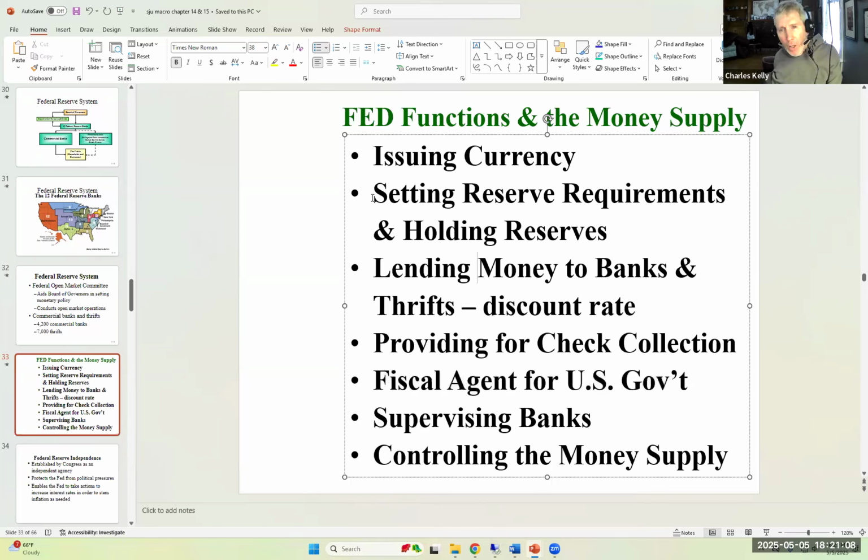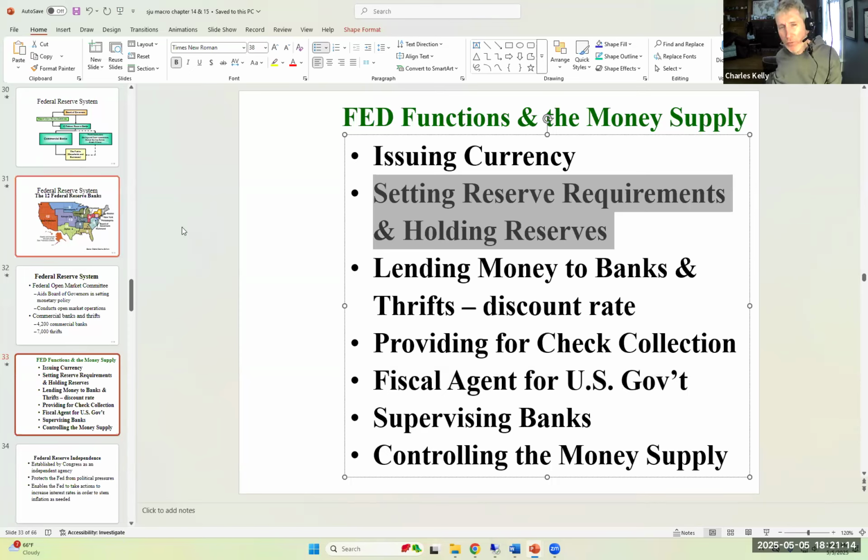Okay, we're going to go over this idea, setting a reserve requirement and holding reserves, knowing that currently in the real world, there is no reserve requirement, but this might be reinstituted, so it's a possibility, and it's in the book. So we're going to go over an example.